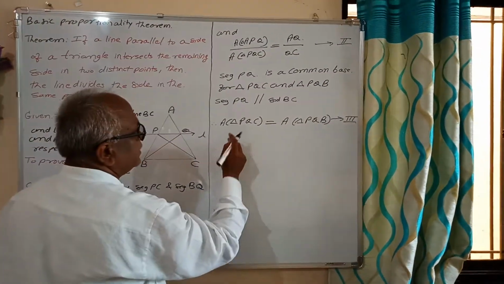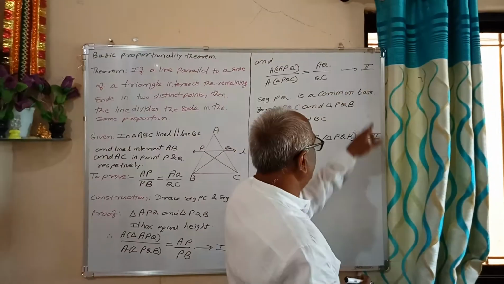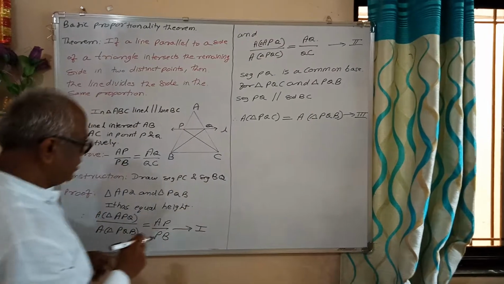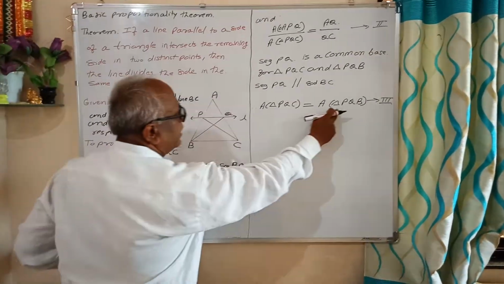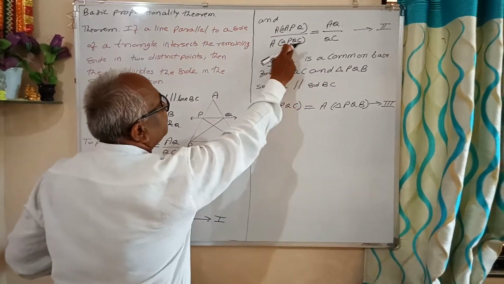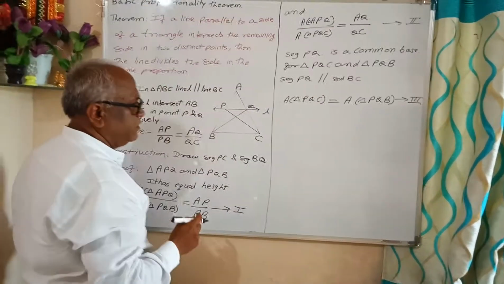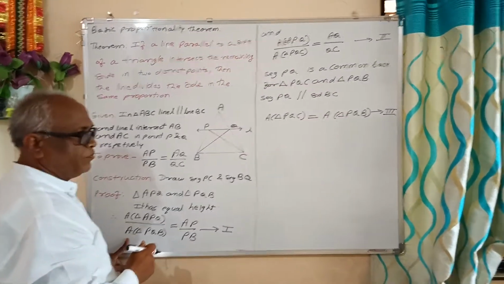Now, from equations 1, 2 and 3, if we see the denominator, the area of triangle PQB is equal to the area of triangle PQC. Their LHS are equal, that means their RHS are also equal.